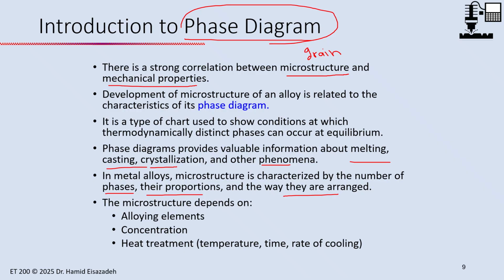And the microstructure depends on the alloying element, concentration, heat treatment, and heat treatment means temperature and the rate of cooling.